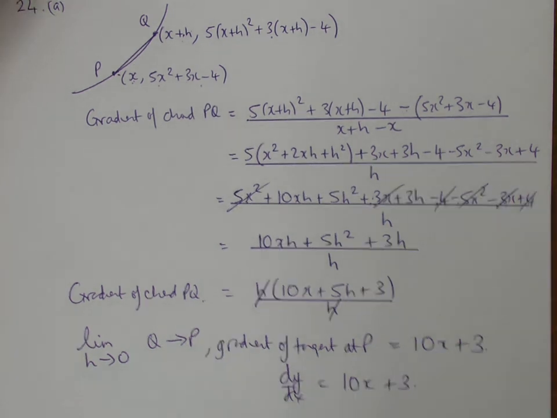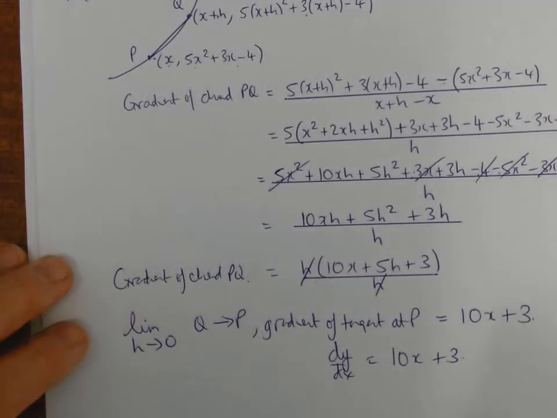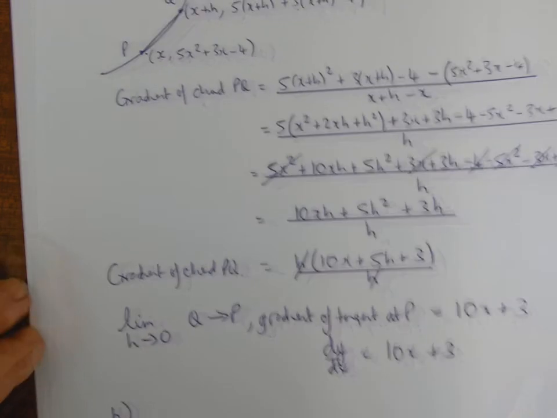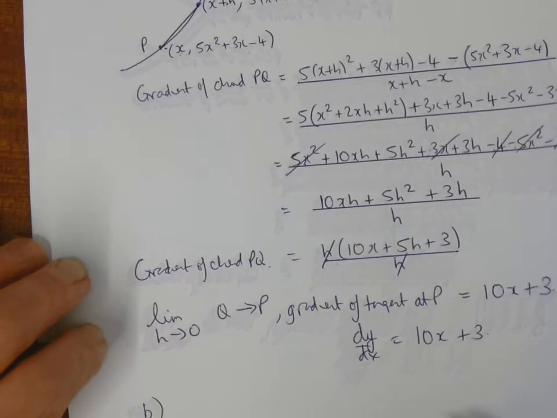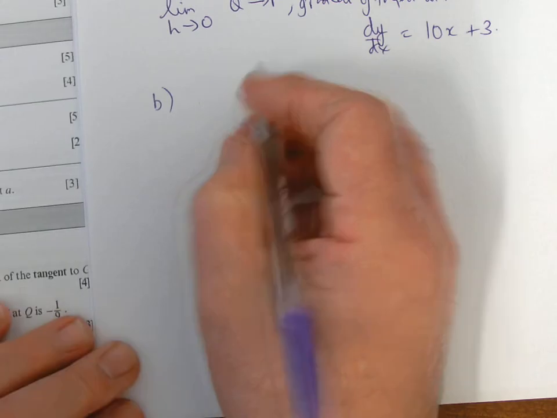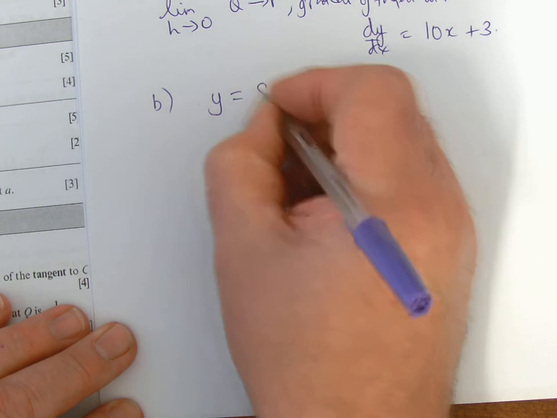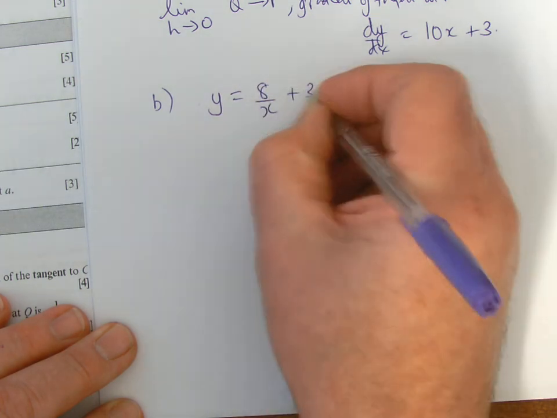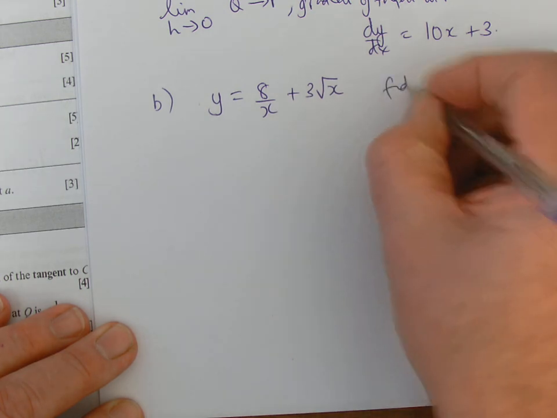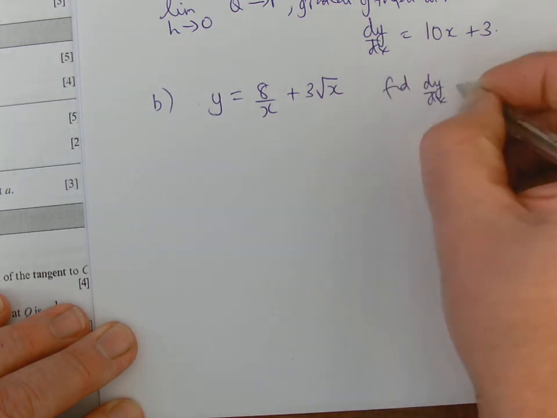Second part, part B, then I've got y equals 8 over x plus 3 root x, and I will find dy by dx when x is 4.